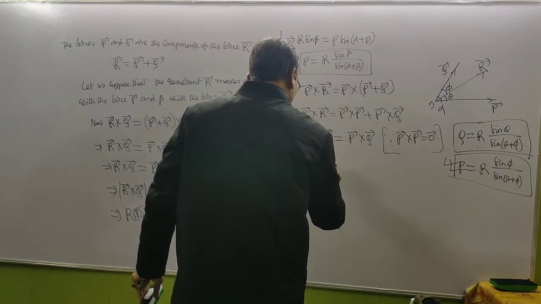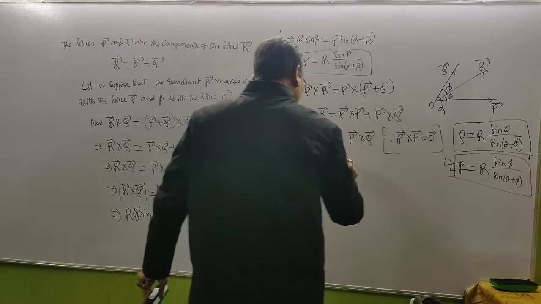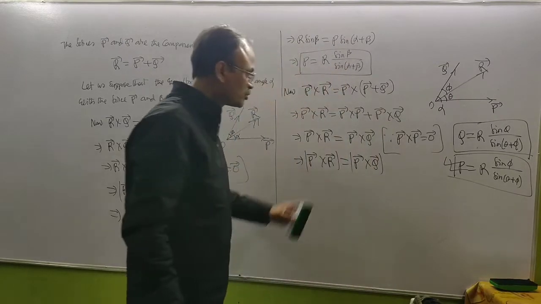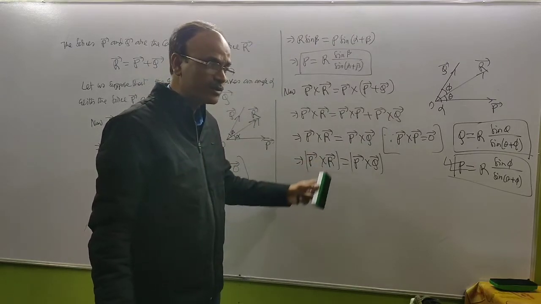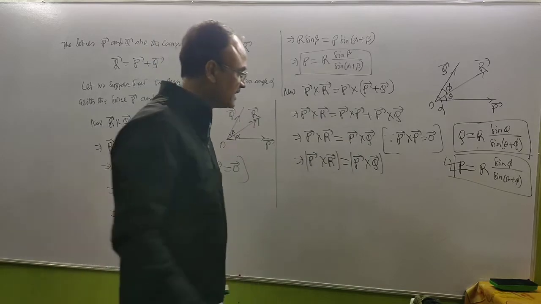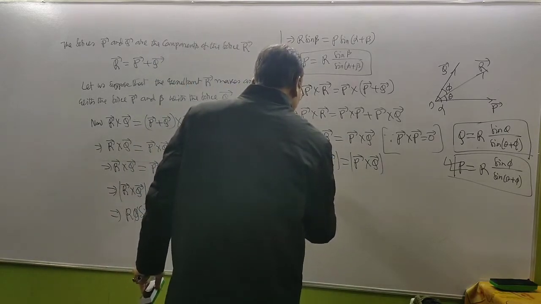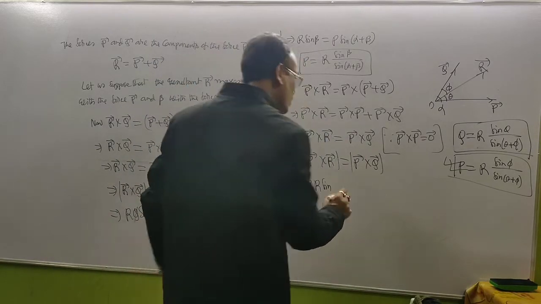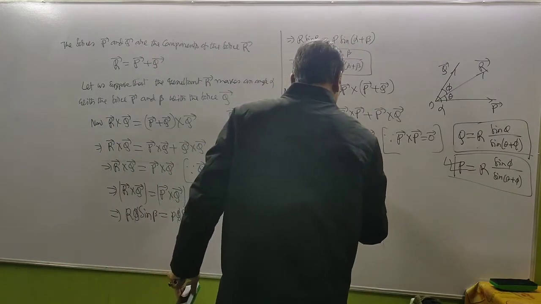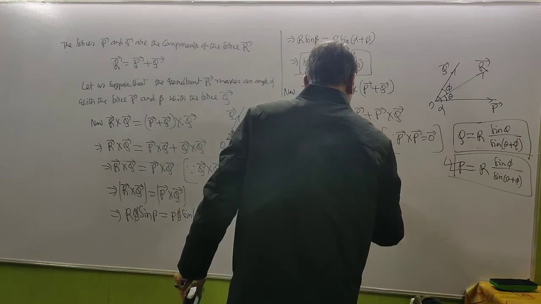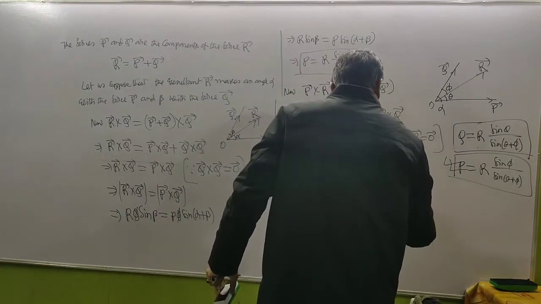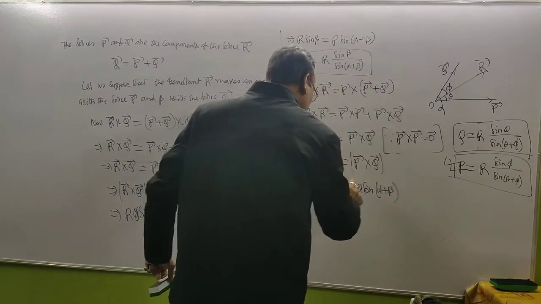This means P cross R and P cross Q are two vectors that are equal, which means their magnitudes should also be equal. This means P R sine alpha, the angle between P and R, equals P Q sine of alpha plus beta, the angle between P and Q. P will be cancelled.